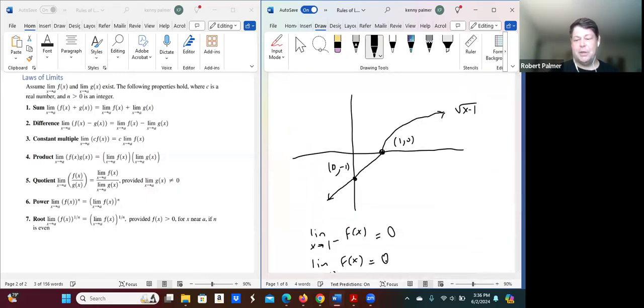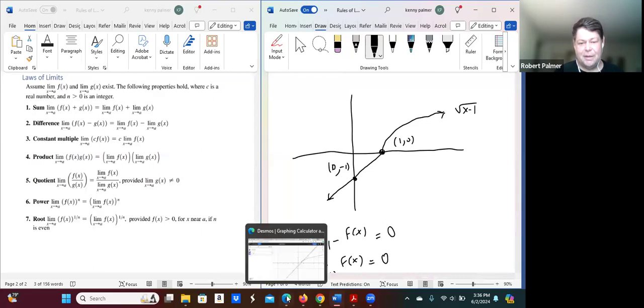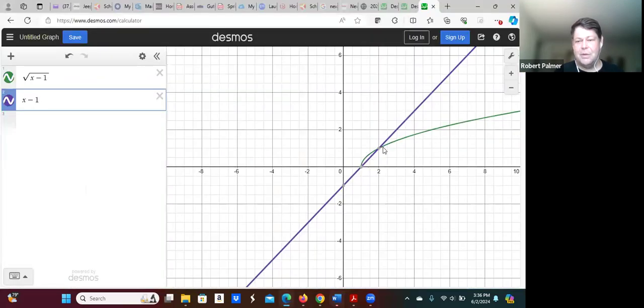Okay, if we go back to Desmos, we can check pretty easily. If I'm on the green line, coming from above, from the right, as I get closer and closer to 1, y gets closer and closer to 0. And then from the left, going below, as x gets closer and closer to 1, y also gets closer to 0. In this case, they both have the same limit.